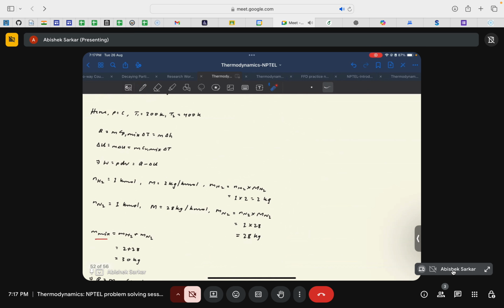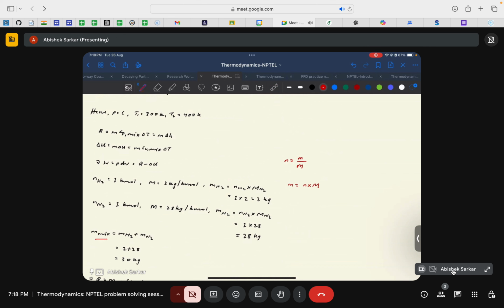Since we are dealing with the mass of the system, we need to find the total mass of the mixture, which can be easily found from the mass of the individual gases. We know that the number of moles is equal to the mass divided by the molecular weight. So the mass of a gas would be the number of moles times its molecular weight.